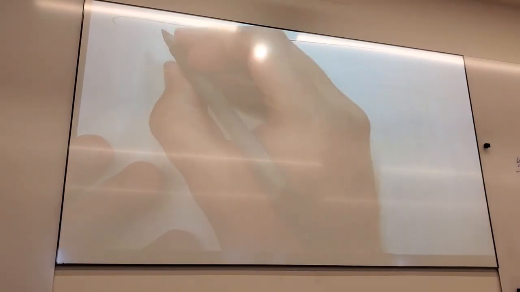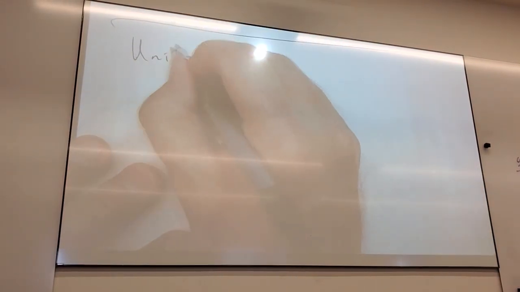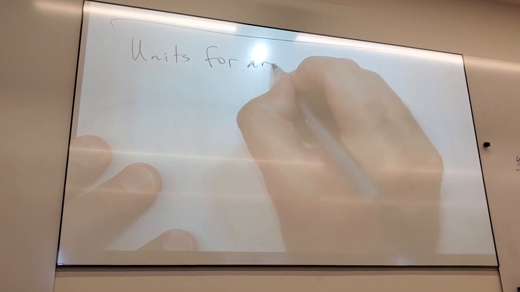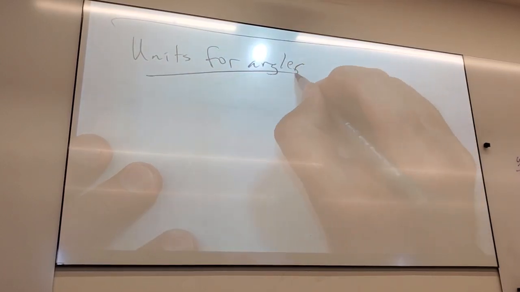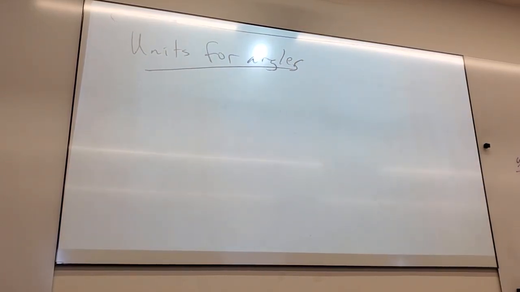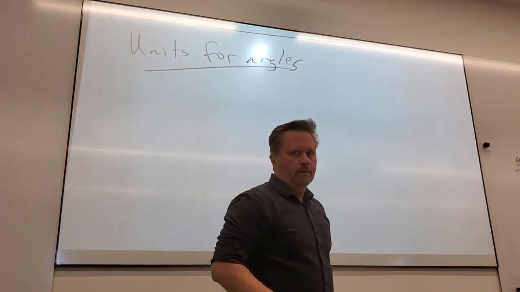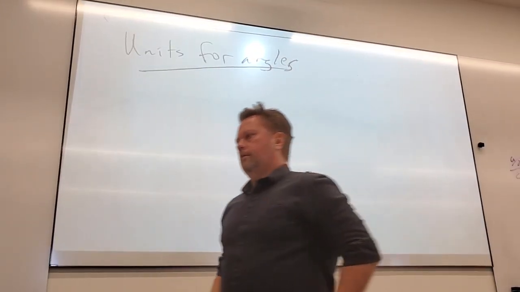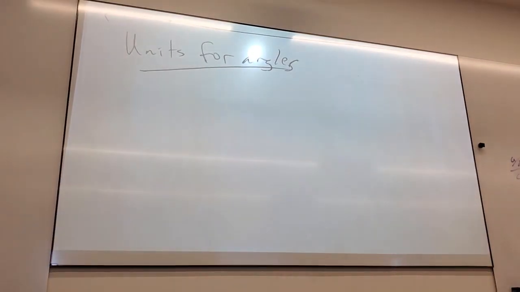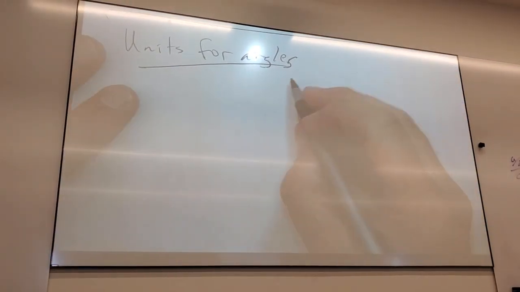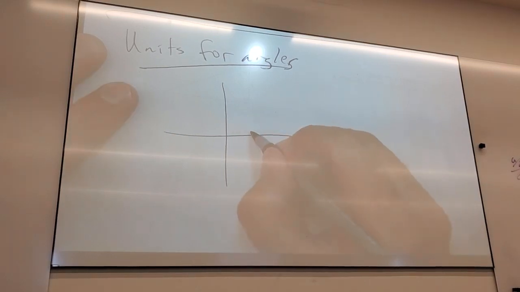So let's talk about units for angles. Let's develop some better units instead of degrees, because degrees are just made up. So how many total degrees are in a circle again?